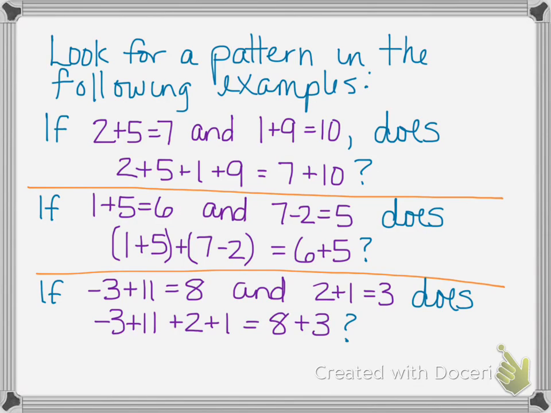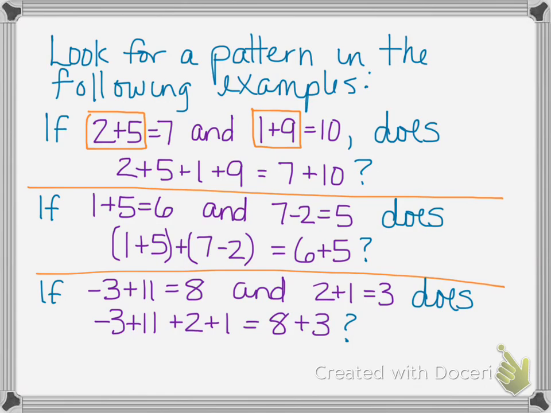Okay, so hopefully you noticed some things. Let me get a contrasting color here. So if I see that these two expressions, 2 plus 5 and 7, are equal, and 1 plus 9 and 10 are equivalent expressions.